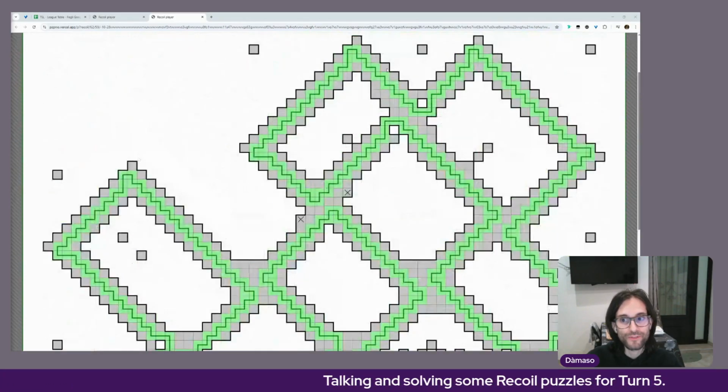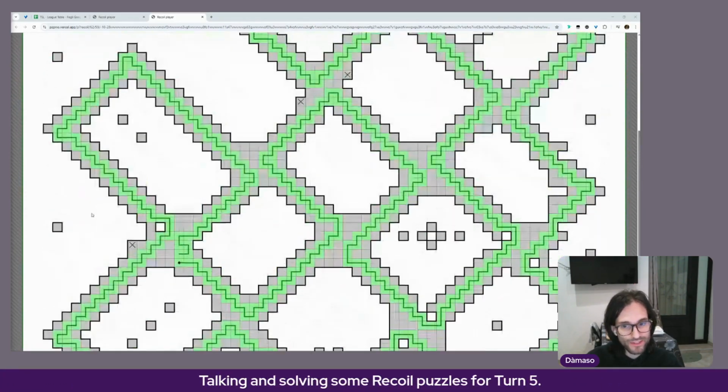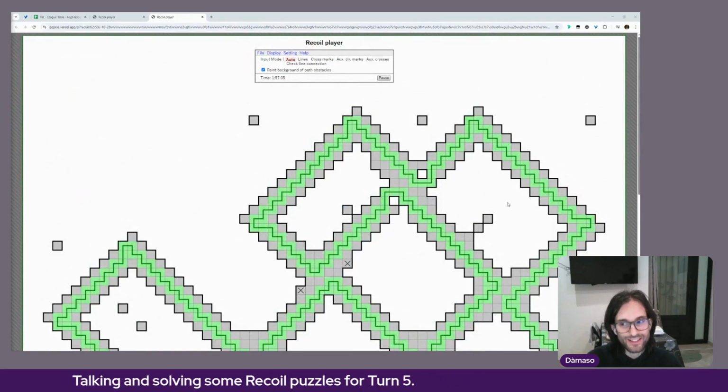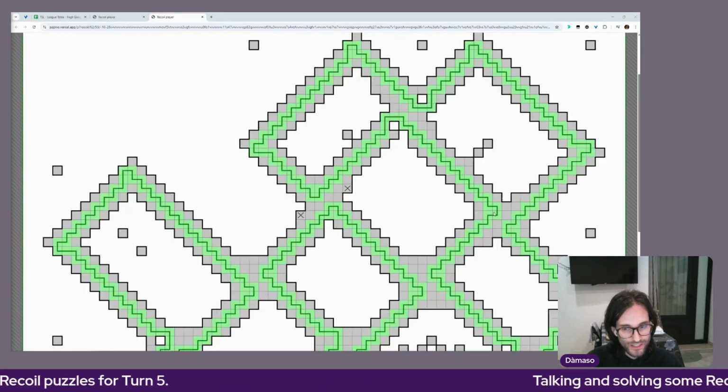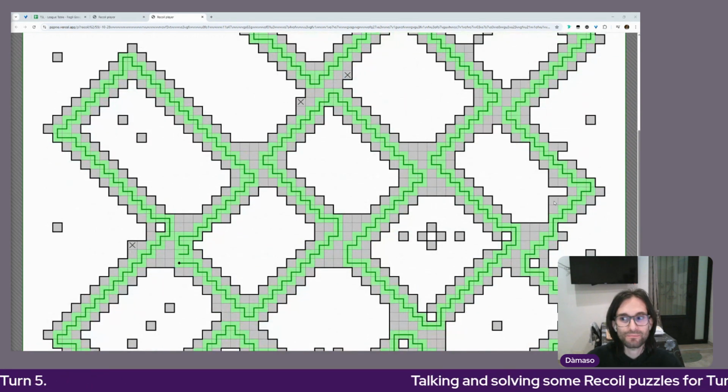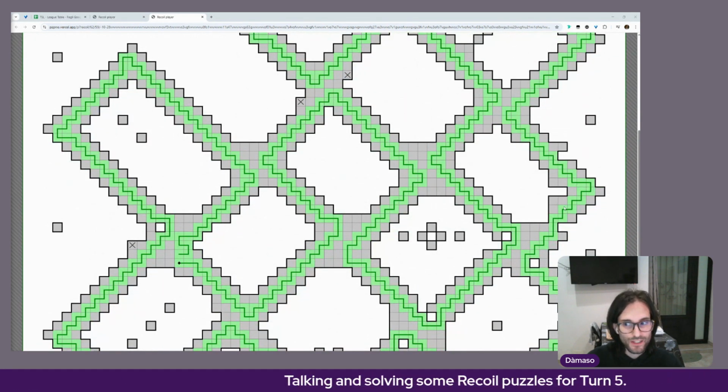I didn't prove that for the entire grid, but the grid is so consistent that the little amount of difference is not enough.